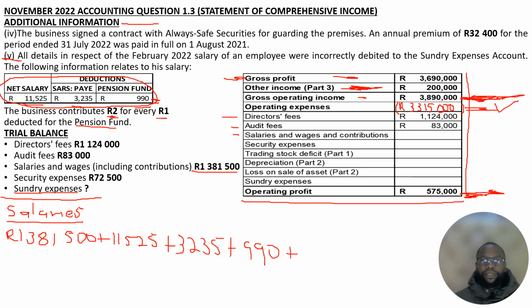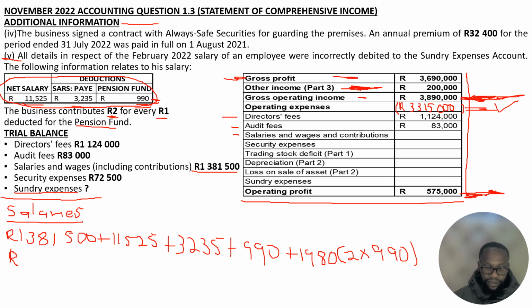So plus 2 rand multiplied by how many rands in 990? There are 990 rands here. So 2 multiplied by 990. So the business contributed 1,980. And then we add this one, and we are going to have our salaries.